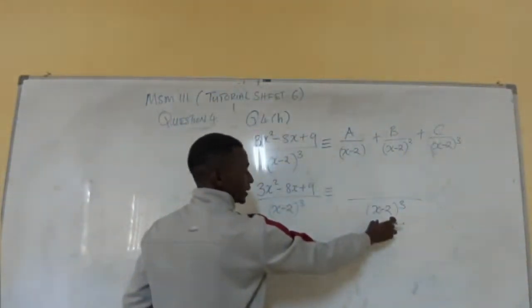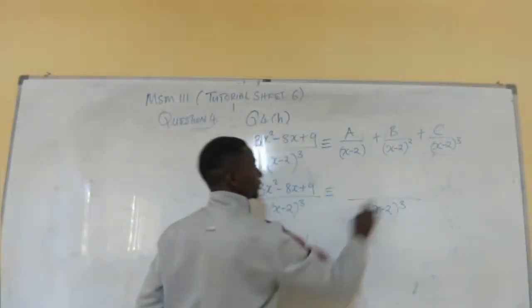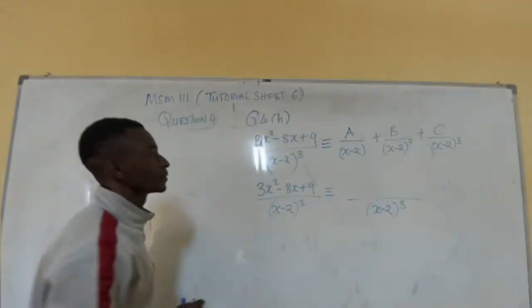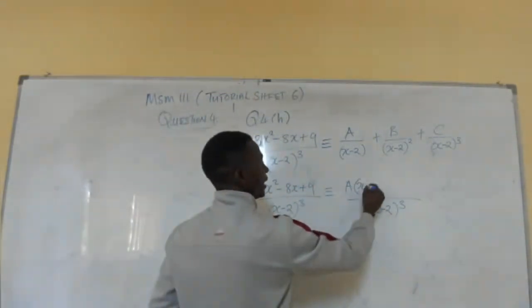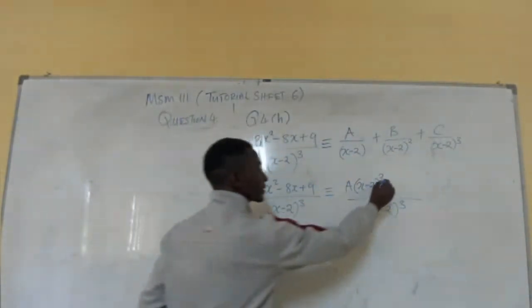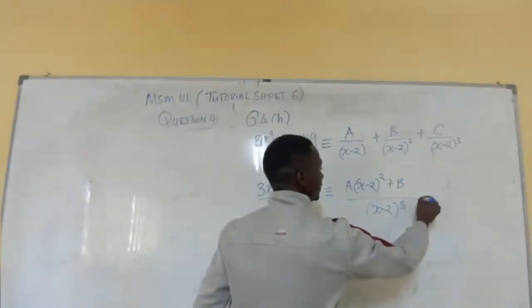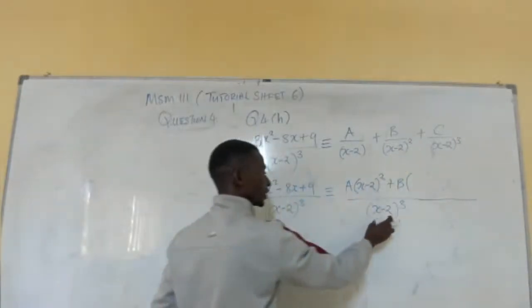Now let's do it. What is this into that? You will remain with x minus 2 to the power 2, so you say a times (x minus 2) squared, plus b. What is this into that?